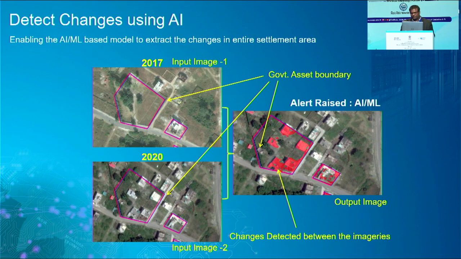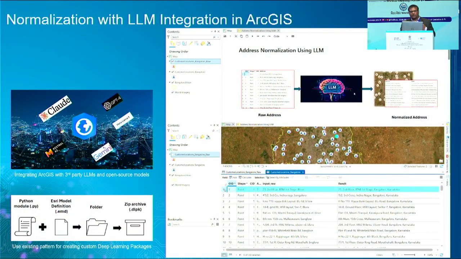Apart from that, we can do many normalizations through large language models. Another challenge which MoSPI definitely faces is standardization of datasets. You can see on your left the input raw data, where somewhere Bangalore is written as BLGR. But you need standardization for integration across various systems, right?